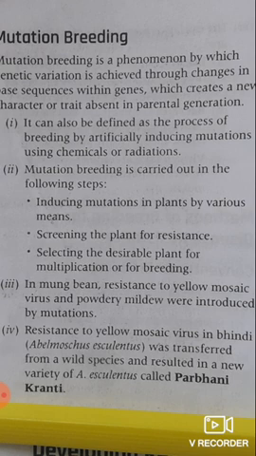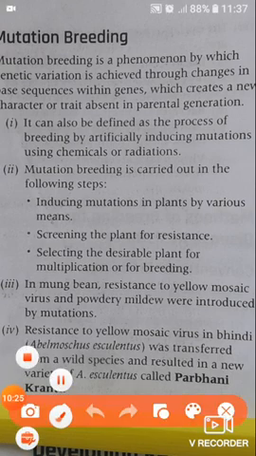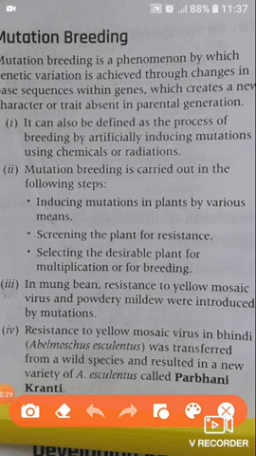Then, selecting the desirable plants for multiplication in breeding. We select the specific types of plants in which we want to get the different characters in our new plants. Generally these processes take place. But there are some specific things, especially if we talk about mung beans.